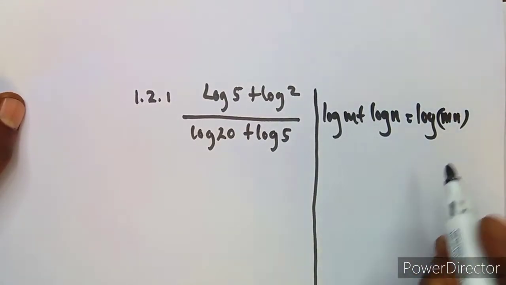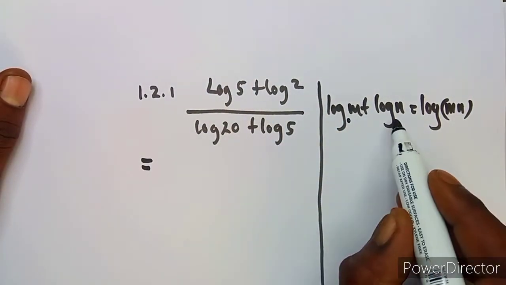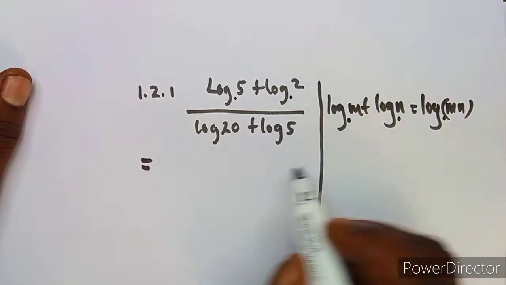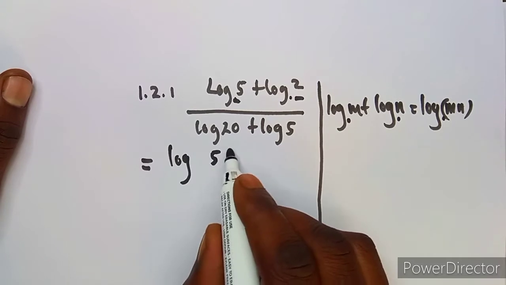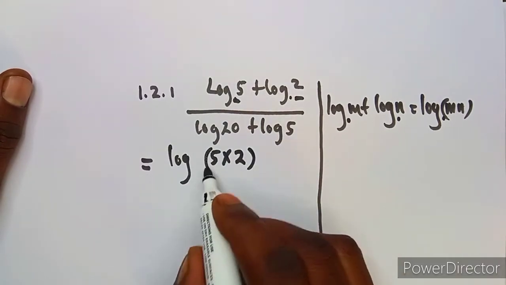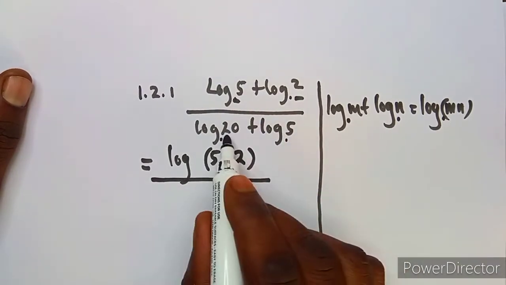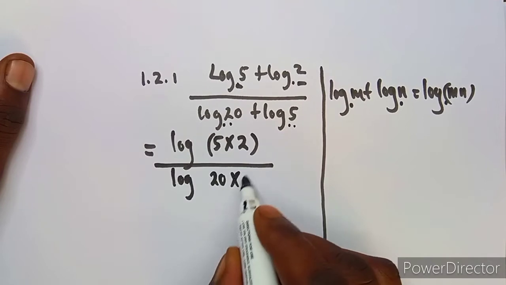So you can multiply the numbers under the same logarithm, provided that the bases are the same. If the base is not indicated, it means you are in base 10. So you can multiply these numbers. So it's log of 5 times 2 over, you do the same, you're adding, the bases are the same, base 10, so you multiply 20 and 5, so it's log of 20 times 5.